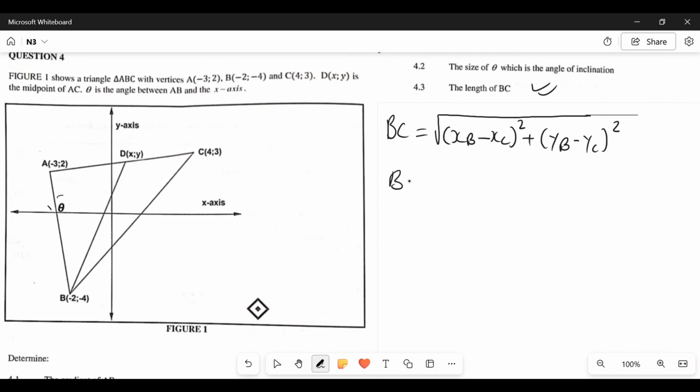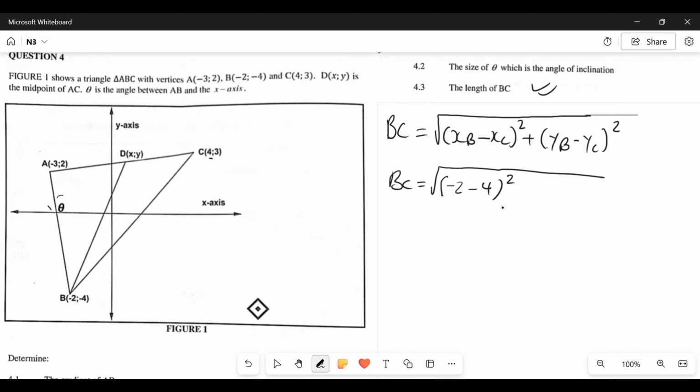So we have BC is equal to the root of, open bracket. For xB, we go to the x coordinate at point B, which is -2. Minus xC. We know that at point C, x is actually 4. So we put 4 there.